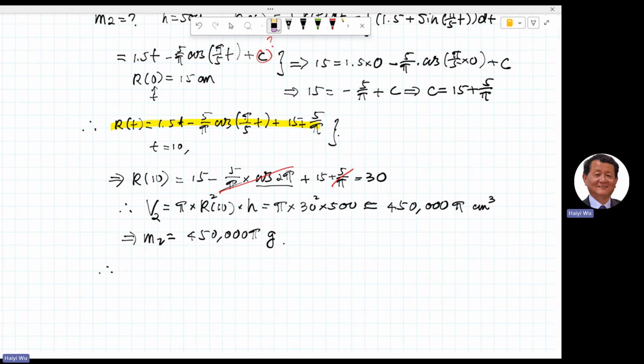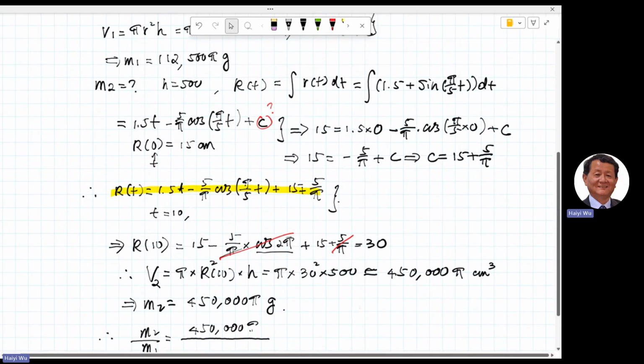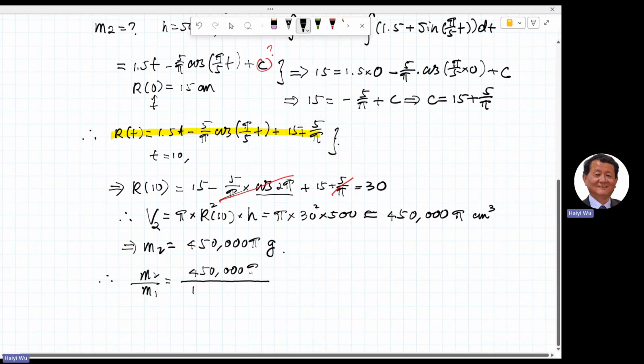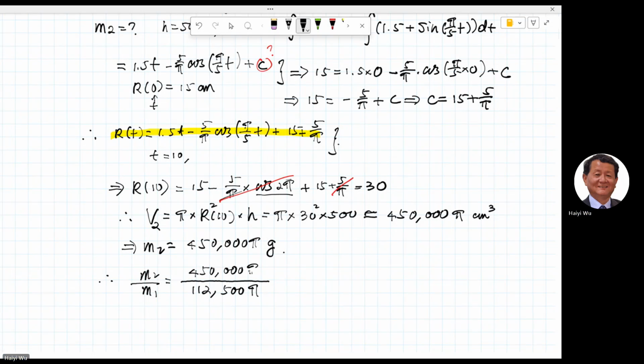So we've got two masses. The ratio between M2 and M1, the second stage on the top and M1 on the bottom, so we substitute 360,000 pi divided by 112,500 pi. That is equal to 3.2.